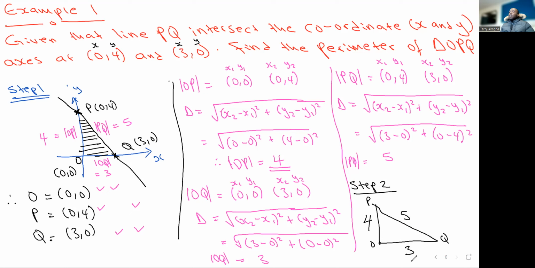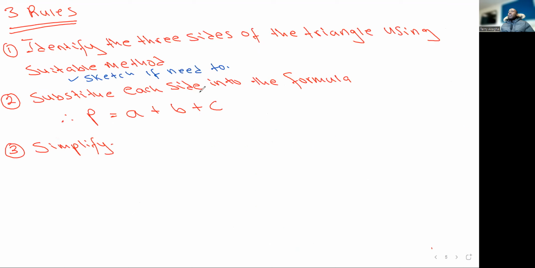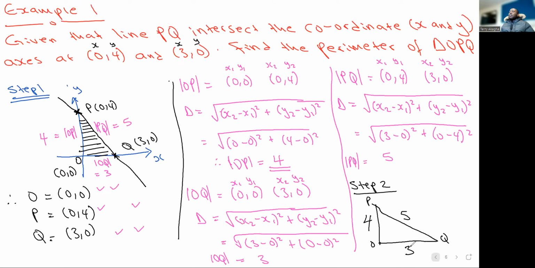But step 2 said that we should substitute each side into the formula P is equal to A plus B plus C. So let's go. We know P is equal to A plus B plus C, and we know the sides we have here are 3, 4, and 5.